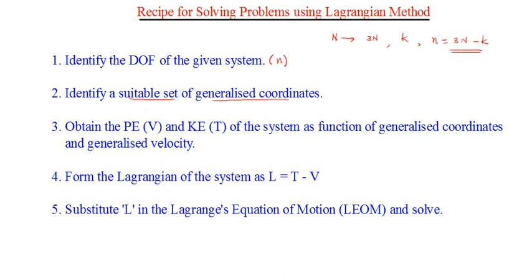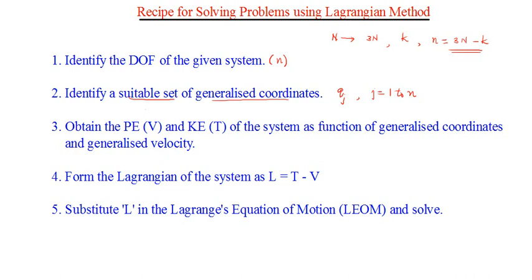One thing you can always remember: the number of generalized coordinates required, that is the qj's, will be equal to the number of degrees of freedom, with j running from 1 to n. So if a system has 3 degrees of freedom, then we need 3 generalized coordinates. If a system has only 1 degree of freedom, then we need only 1 proper generalized coordinate. Okay, that's the idea.